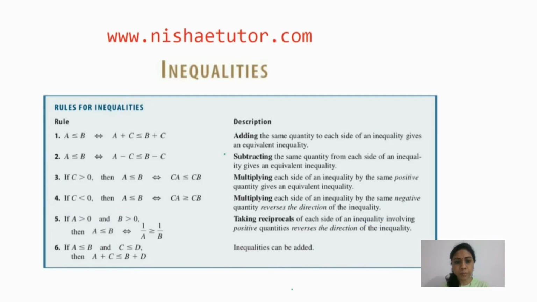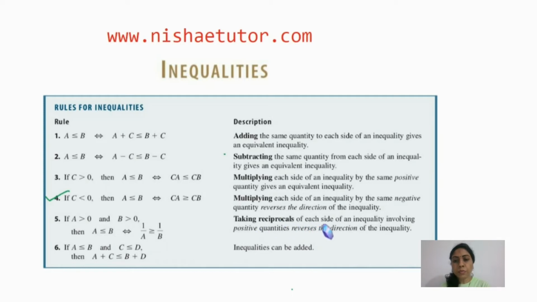This is a very important rule. If a is greater than 0 and b is greater than 0, and a is less than or equal to b, then if you take the reciprocal, the inequality sign changes.